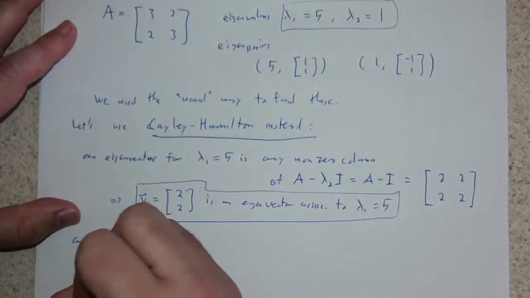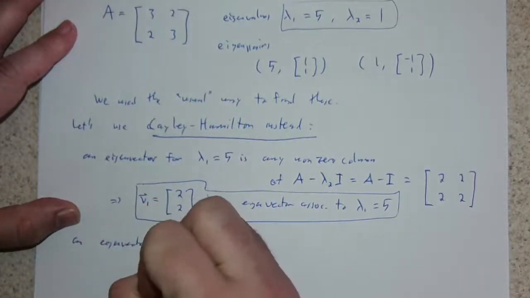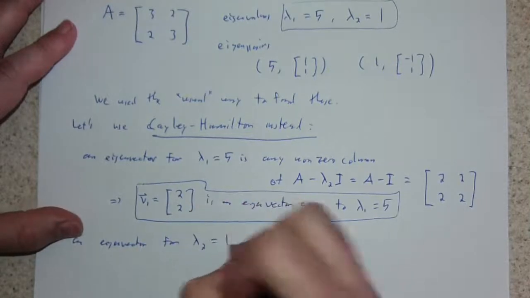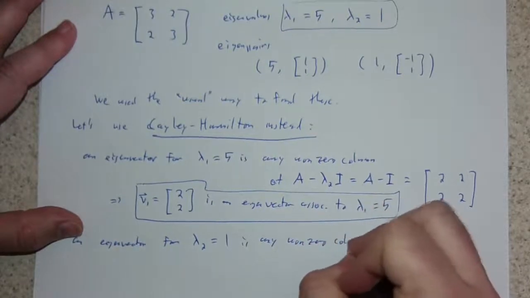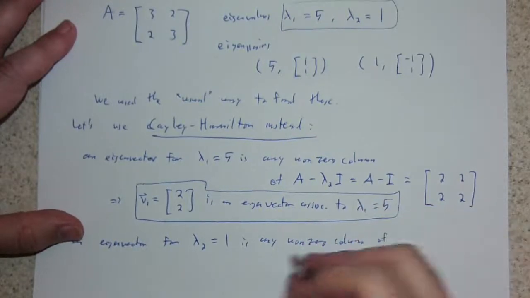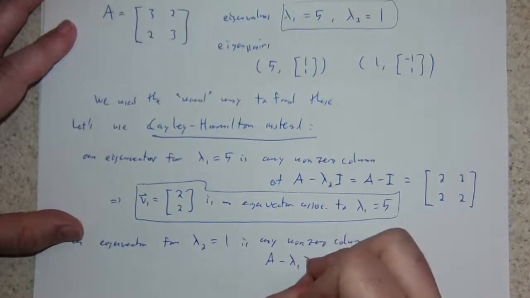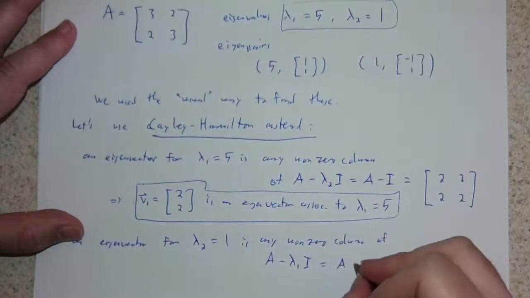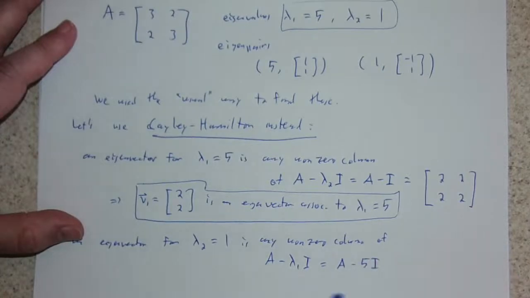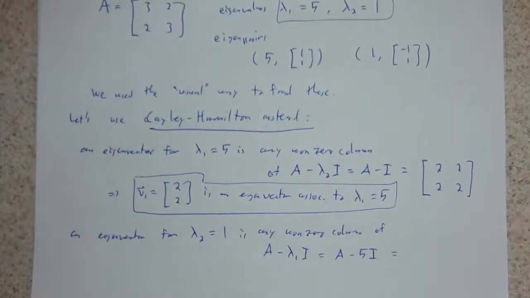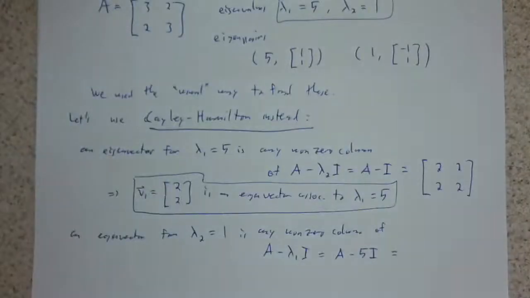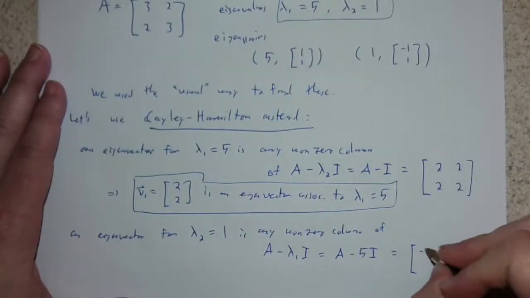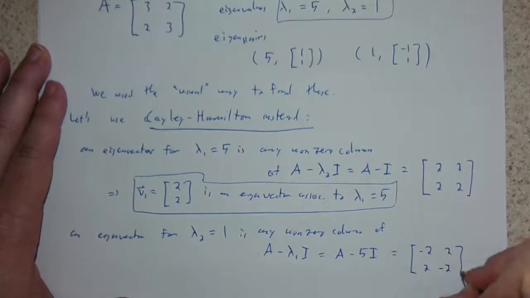And an eigenvector for lambda 2 equals 1 is any non-zero column of A minus lambda 1 I, which is A minus 5I, which, as we saw previously, is minus 2, 2, 2, minus 2.